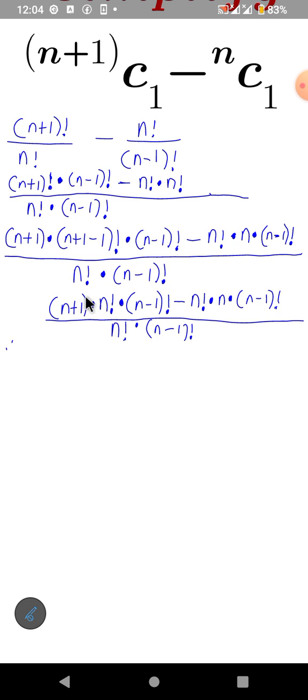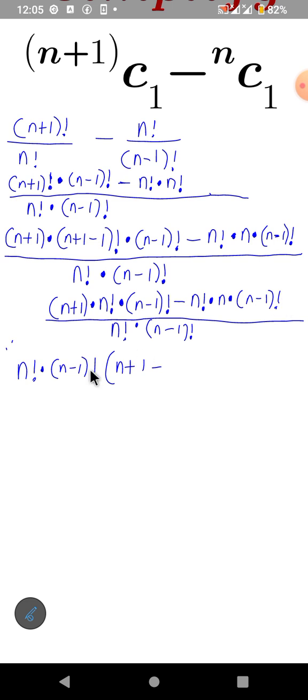Now I'm going to factorize the numerator. So what is common in the numerator here? What is common is just n factorial, that's this n factorial multiplied n minus 1 factorial. Now open my bracket. Now this expression divided by this, n plus 1 is left, so we say n plus 1, the minus sign.